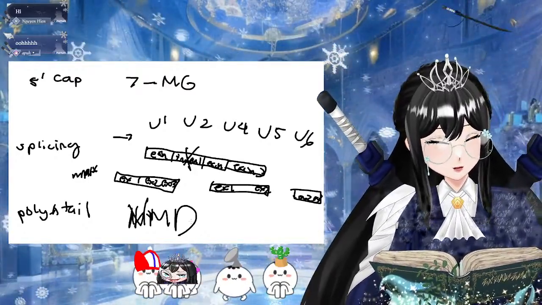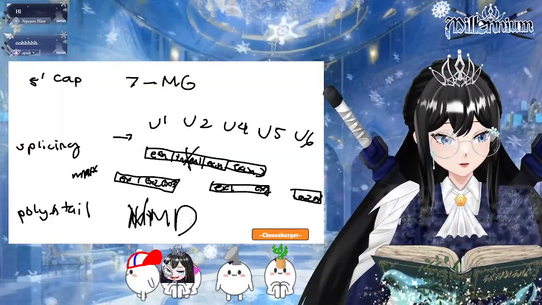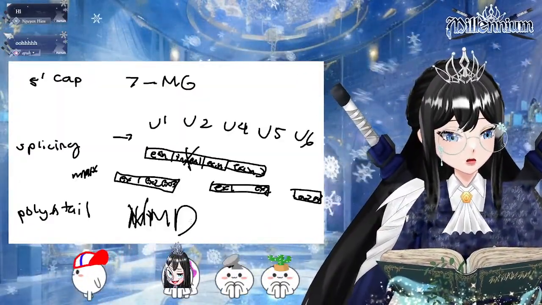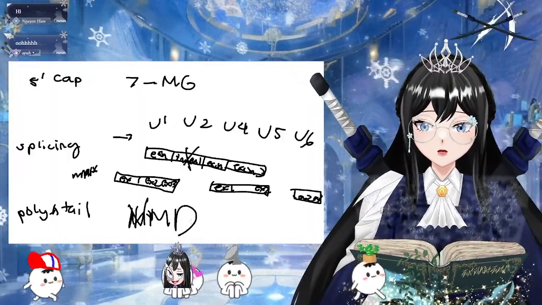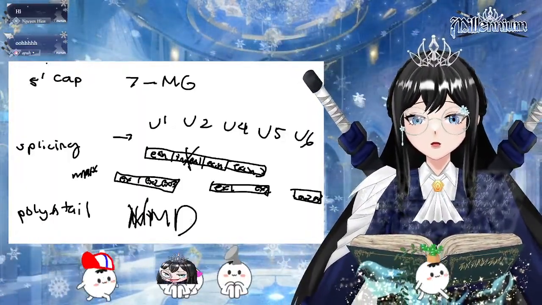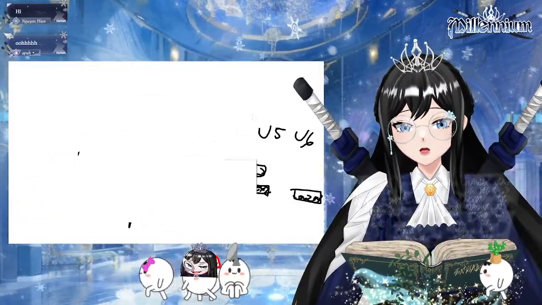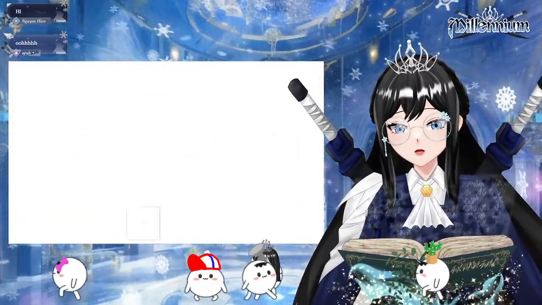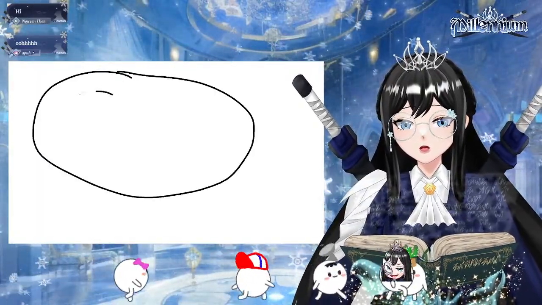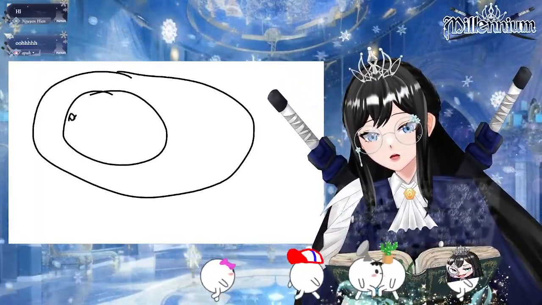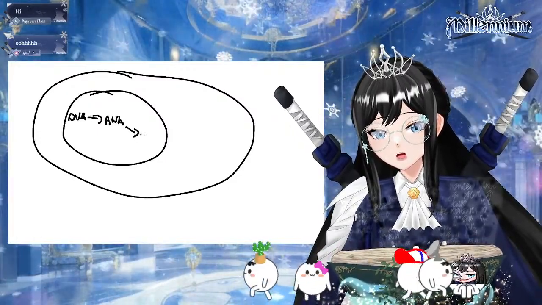Oh, and you have the nuclear pore complex. It will only export properly capped, spliced, and polyadenylated mRNAs. In terms of exporting, let me draw what's the next part. So far, we talked about this. It happens in the nucleus. You have DNA transcribing into RNA, and then RNA processing.